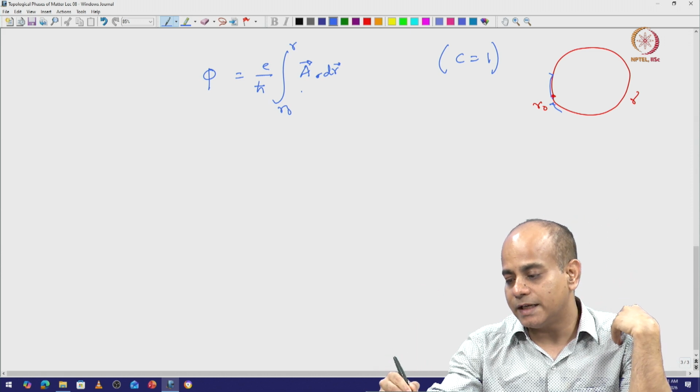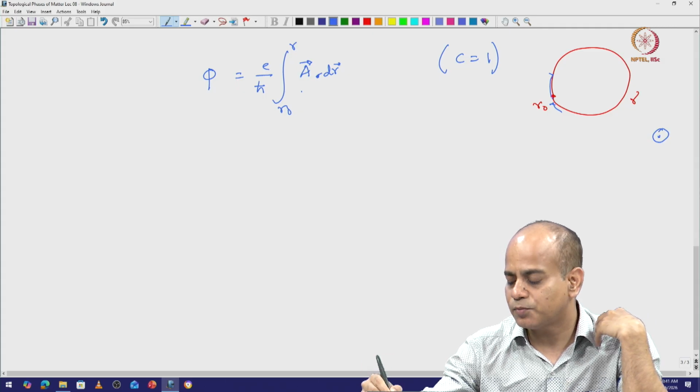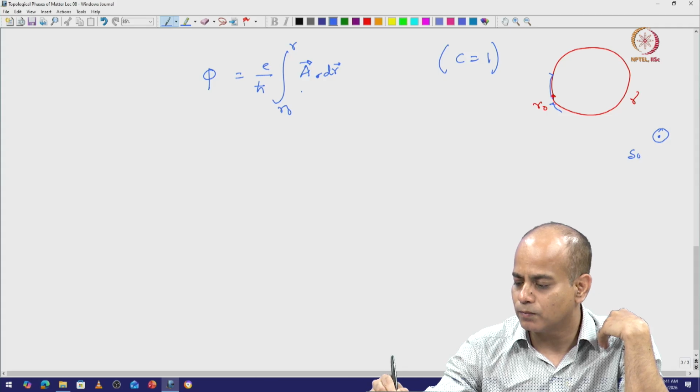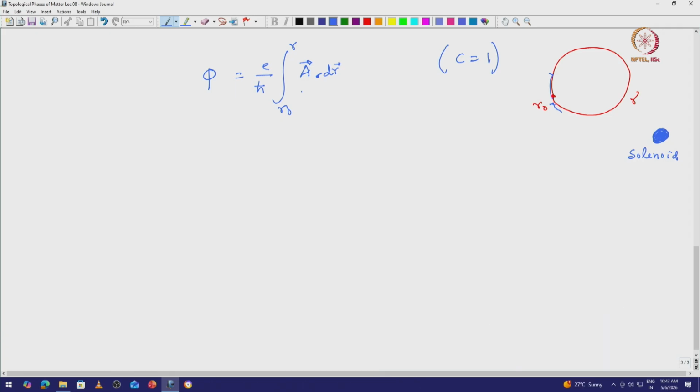So, if the magnetic field is here, and let us put the magnetic field in some solenoid, so it is confined within this region only. Okay. So, we will make it, all right. So, now you see that in this region there is no magnetic field, but it still sees the vector potential because of the field lines.